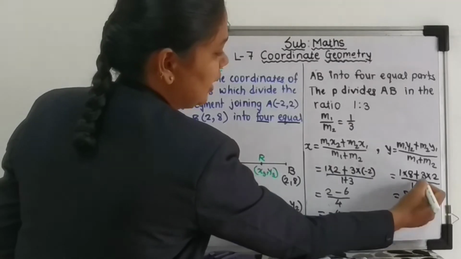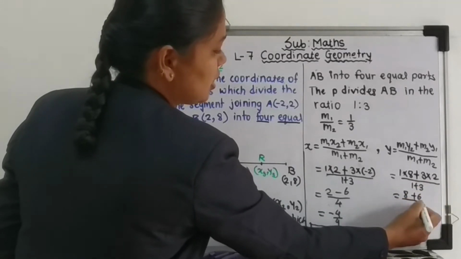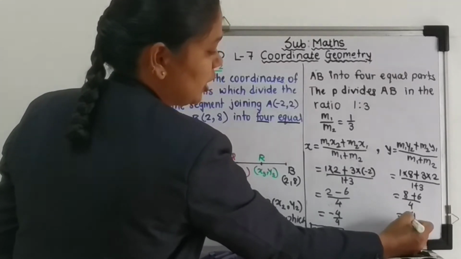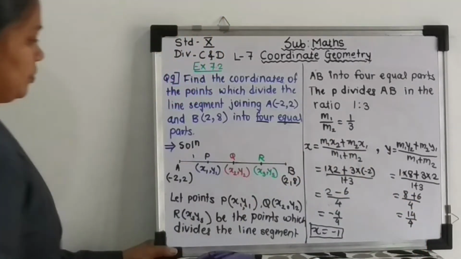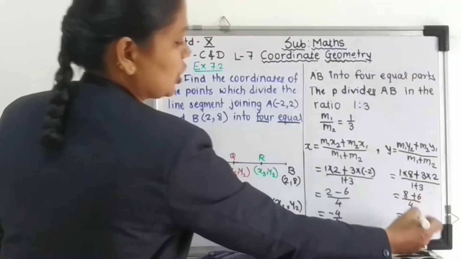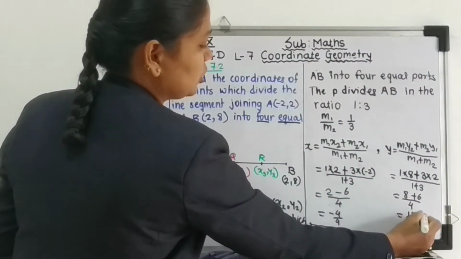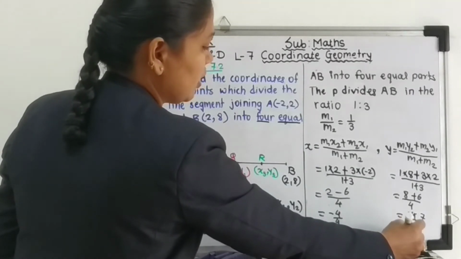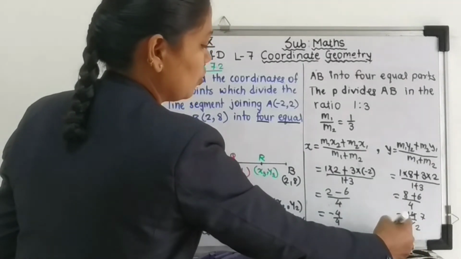So 8 ones are 8 and 3 twos are 6, upon 4. So 8 plus 6 is 14 upon 4. Now cancellation: 2 twos are 4 and 2 sevens are 14. So we got Y is equal to 7 upon 2.